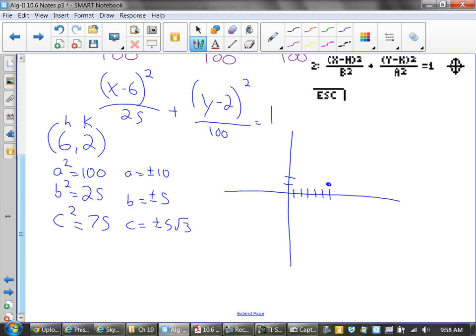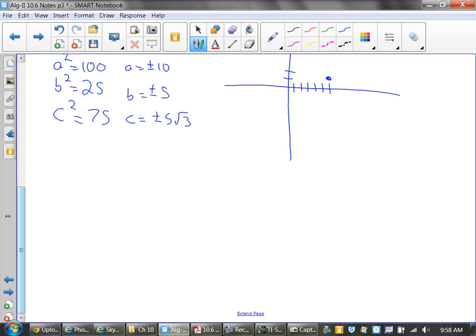I'm adding it to the y value. So when I start listing my stuff out, we have a center at 6, 2. The vertex is going to be 6, 12, and then 6, negative 8. Plus and minus 10 from that. Are we okay with that?